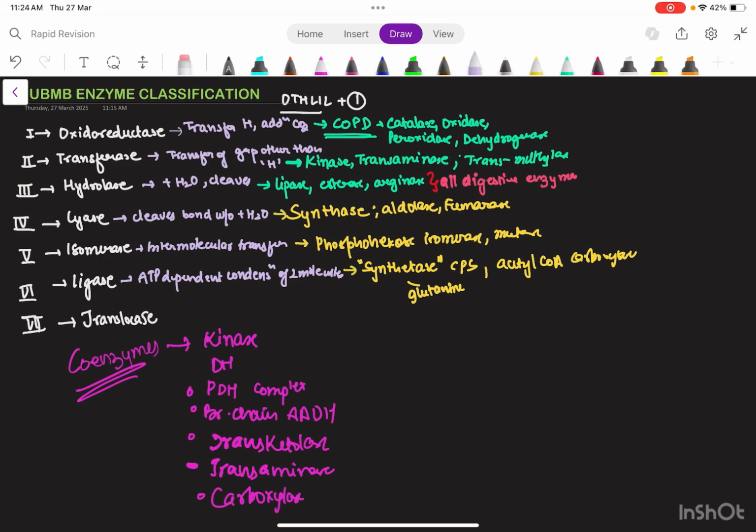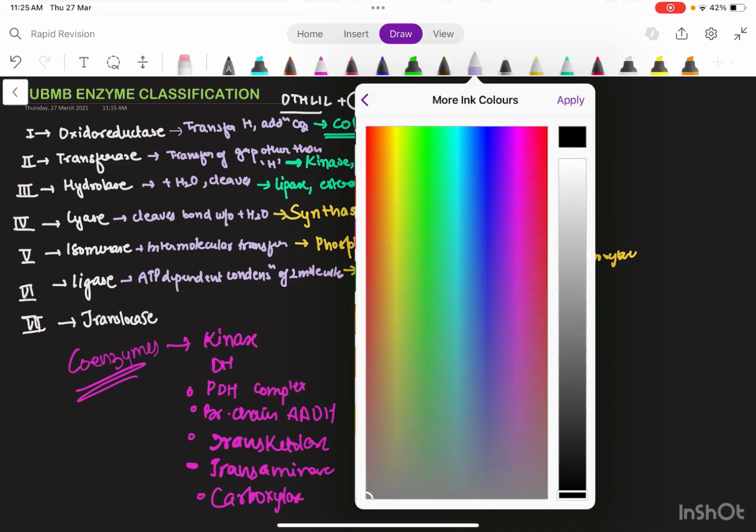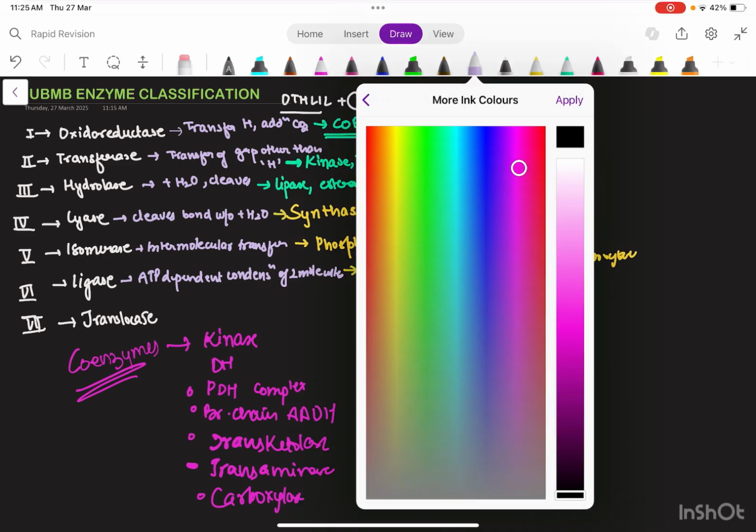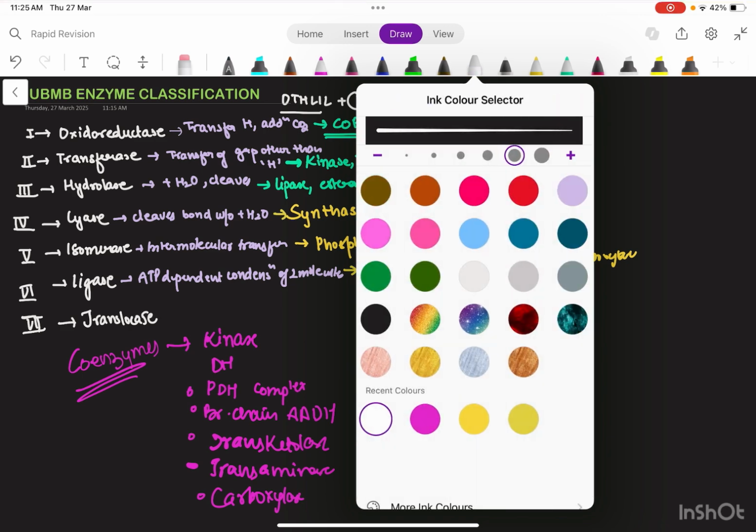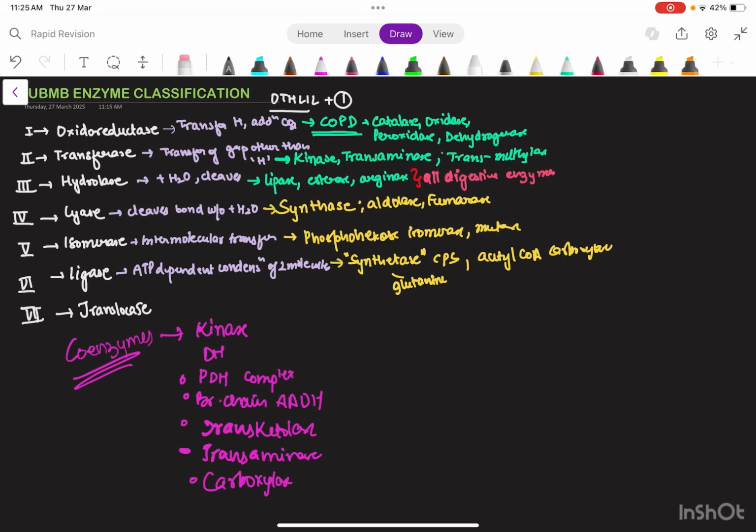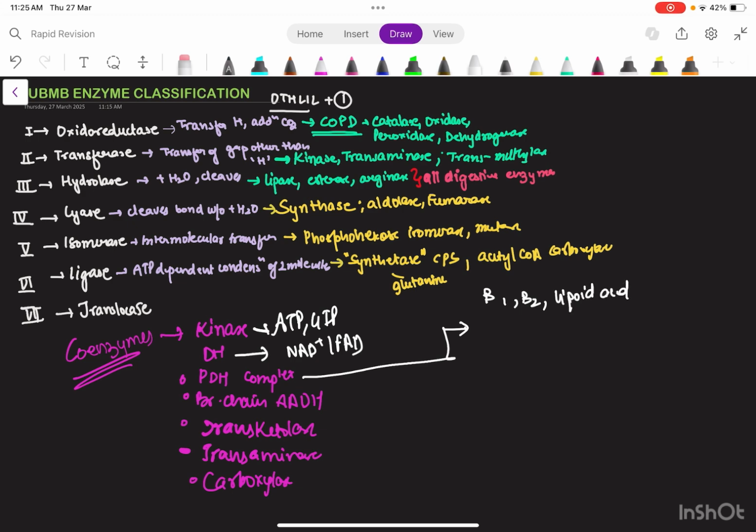So kinase, we all know it's ATP, GTP. Dehydrogenase we have NAD plus or FAD. Now this is important, PDH. So we have B1, B2, then we have lipoic acid, then we have CoA, right?